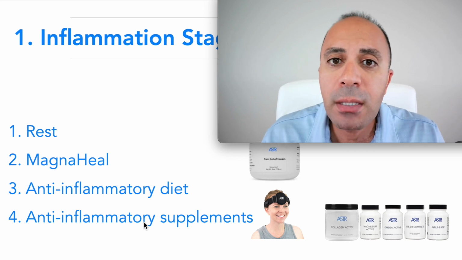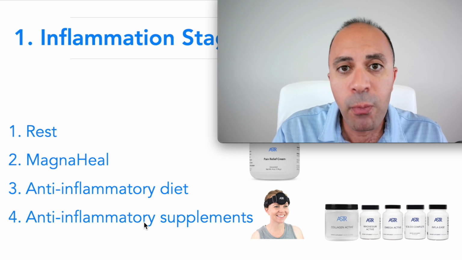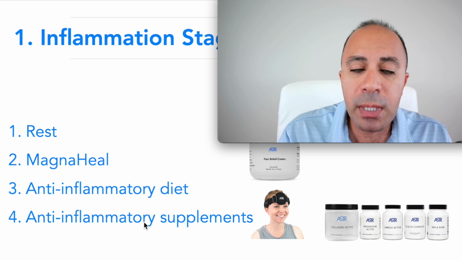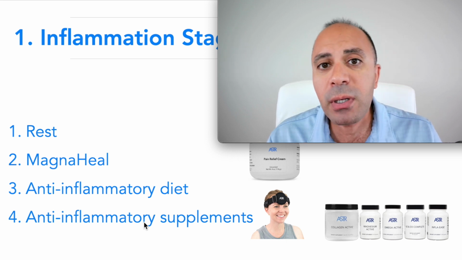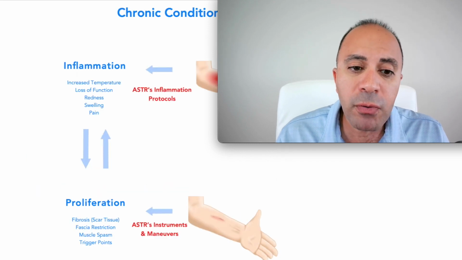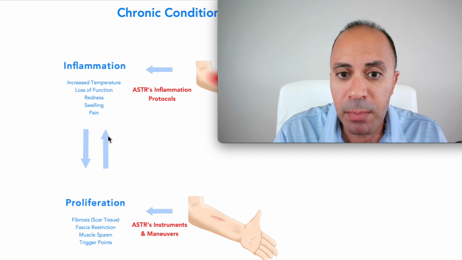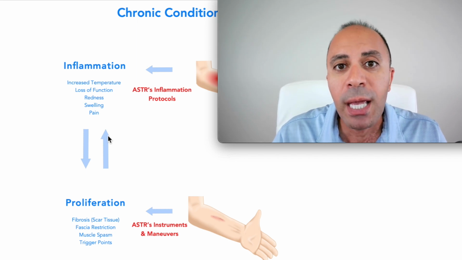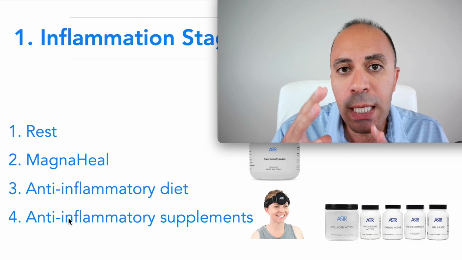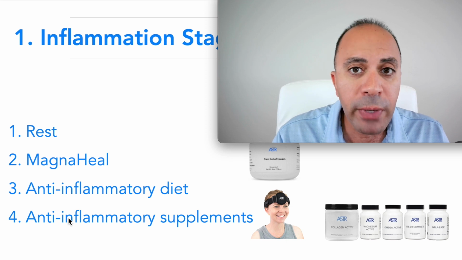If you have a minor case, just rest for a week, and that should be good enough to decrease the inflammation and calm things down. But after a week, if you're still experiencing pain, that's a sign you have a chronic condition and your body is going back and forth between the inflammation and proliferation stage. In that case, we need to be very aggressive on decreasing the inflammation and releasing the proliferation stage.